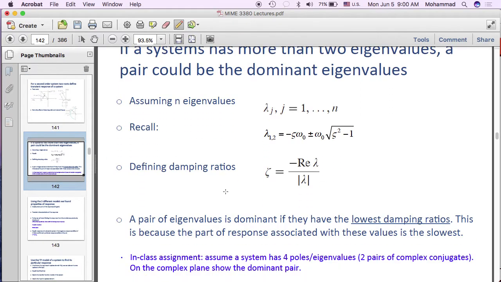And this basically tells you that if you have multiple poles, the one or the pair that has a smaller damping ratio is going to be the dominant pair, and the formula in the middle basically is the sine of that angle, the real part divided by the absolute value.